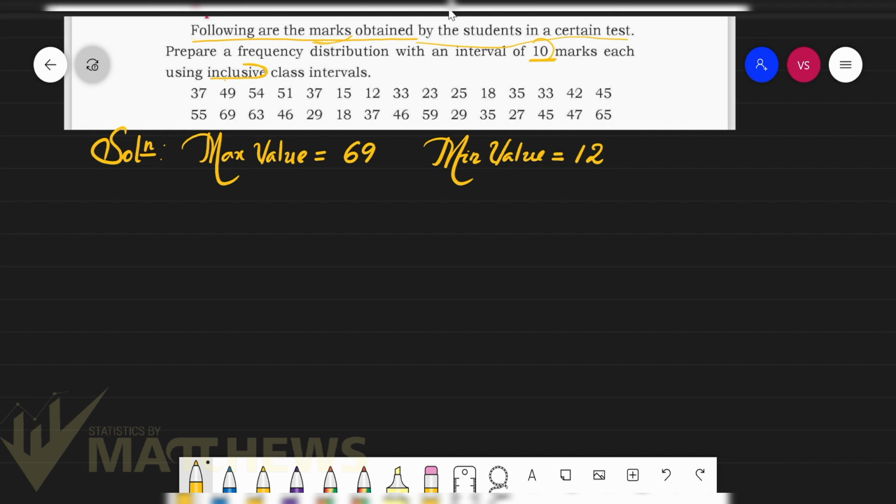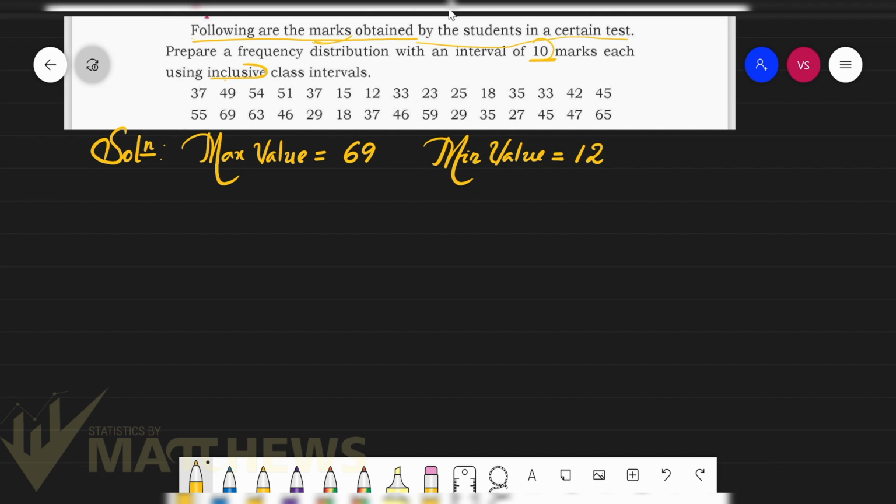Now, looking at this, students, we need to form a frequency distribution according to the rules, the principles that they have given to us. The principles in forming a continuous frequency distribution say that the lower limit of the first class should be either 0 or multiples of 5. Now, what should be the first class?